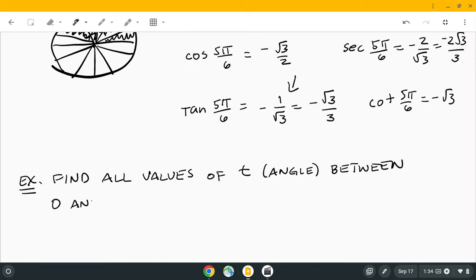So that's like saying 0 and 360. So between 0 and 2 pi, for which sine t equals 1/2. Okay.